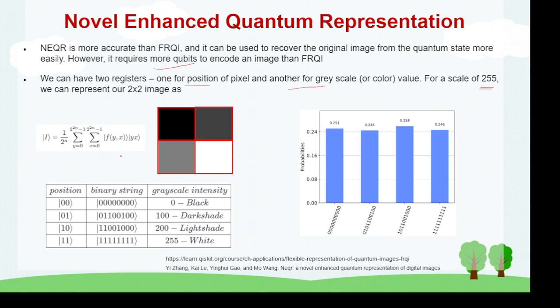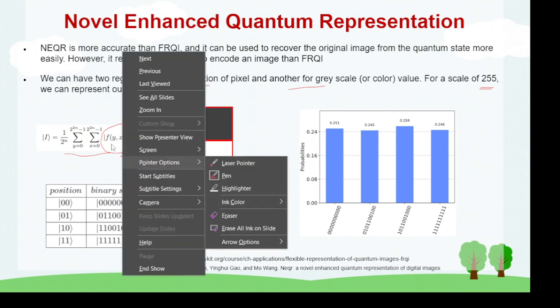So in this approach, the state can be represented like this, wherein this will be the index, like 0 0, 0 1, 1 0, like that, and this set of qubits will represent the grayscale intensity.